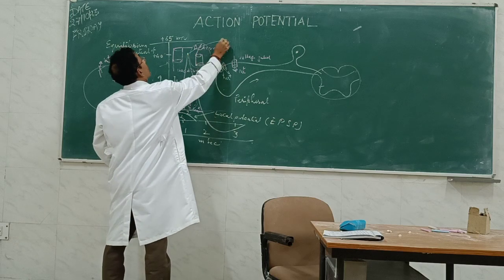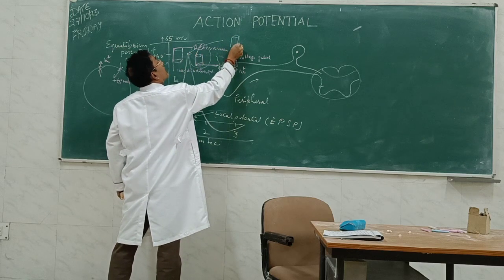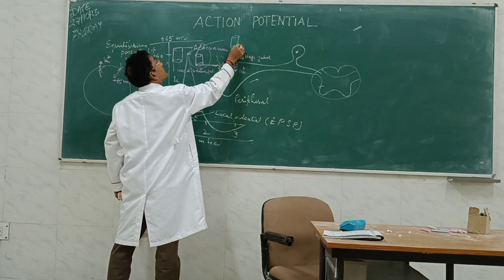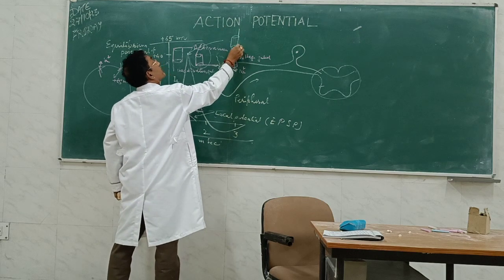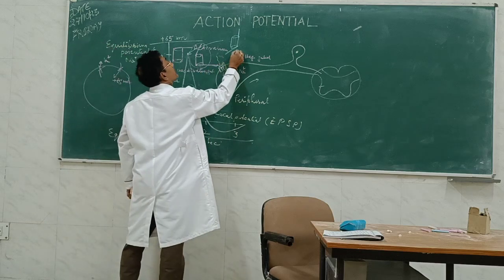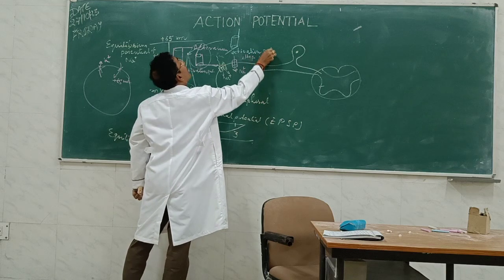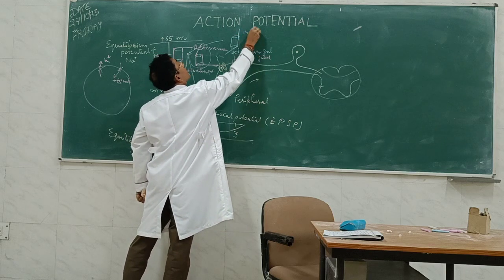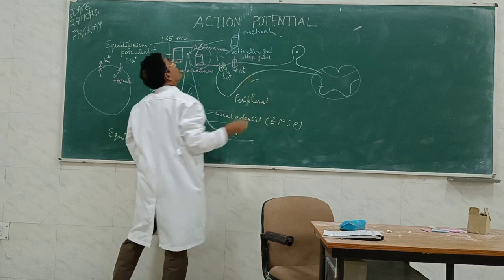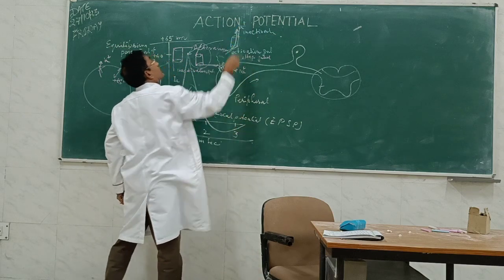As soon as the potential becomes plus 40 millivolt, this is the potassium channel, with its inactivation gate and its activation gate. In this, there will be an exit of potassium ion.